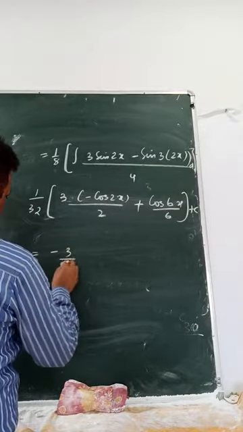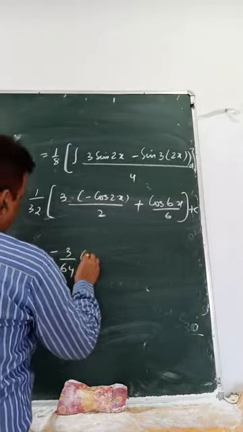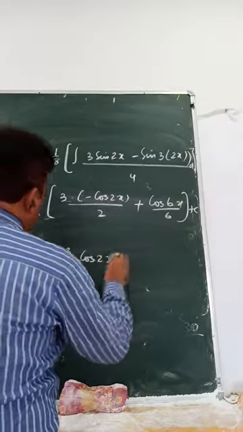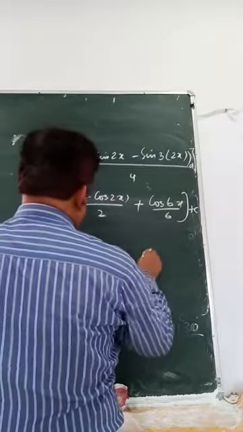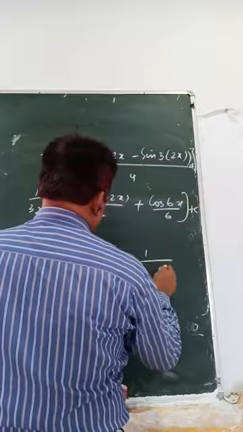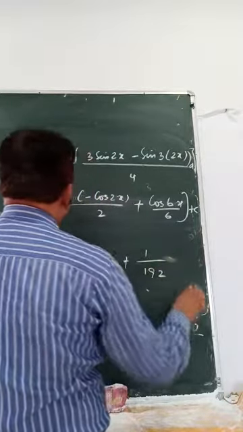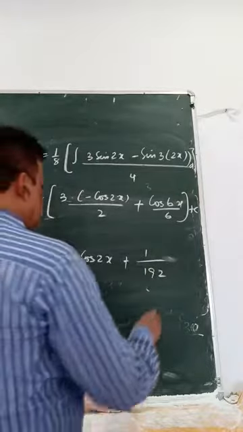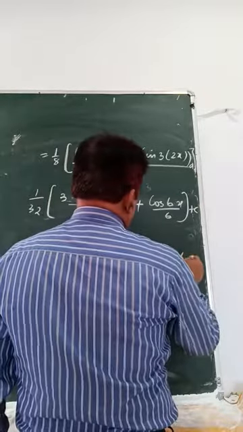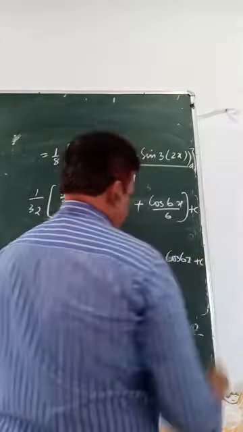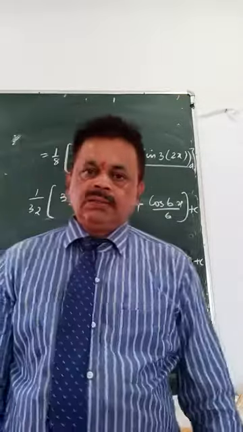Minus 3 by 64 cos 2x plus 1 by 192 cos 6x plus constant. Okay, this is one pattern.